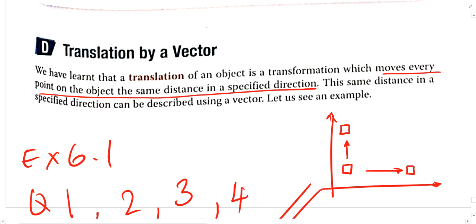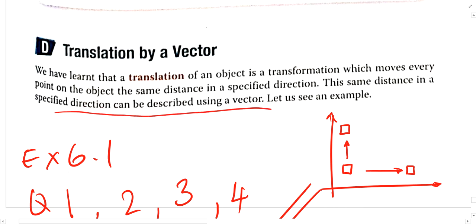Because vectors give you direction and magnitude. So the distance in a direction can be described using a vector. For example, if I want to move this square 3 units to the right, 2 units up, so you end up here, right?